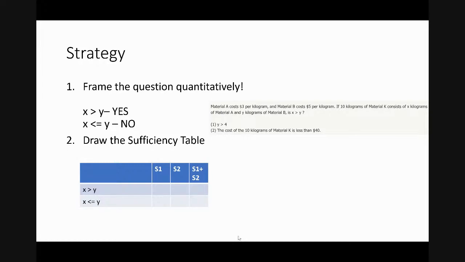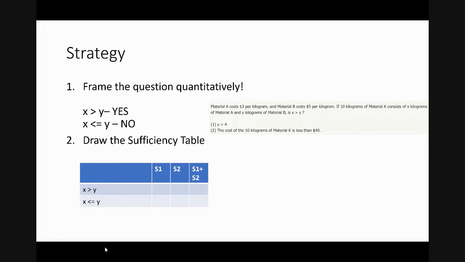Do we agree with that? Okay, it seems we have some agreement.